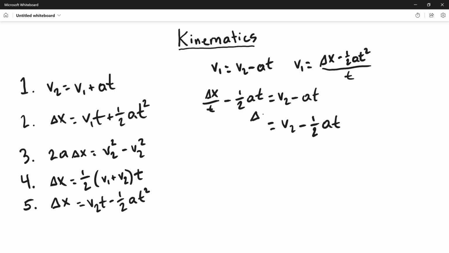And we still have a delta x over t here. Now we need to multiply this entire side by t, and we're left with delta x equals v2t minus 1/2 at squared, which is our fifth equation.